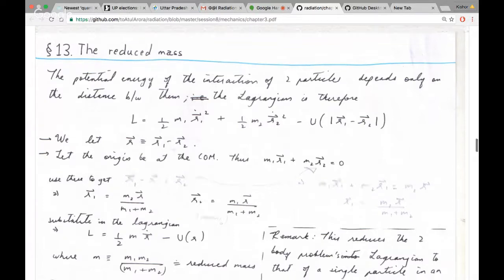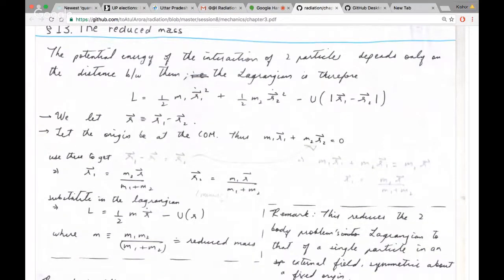Let the origin be at the center of mass. Then m1 r1 plus m2 r2 equal to 0. Then using this we get r1 equal to m2 r divided by m1 plus m2, and r2 equal to m1 r divided by m1 plus m2. Substitute this in the Lagrangian.